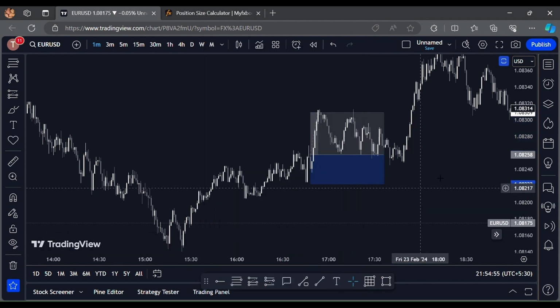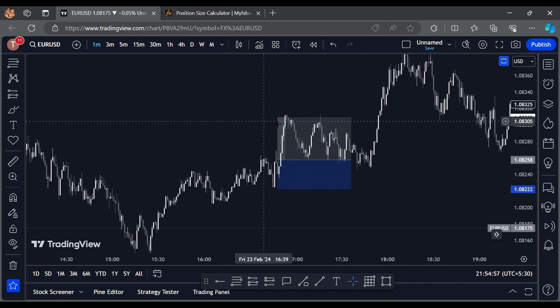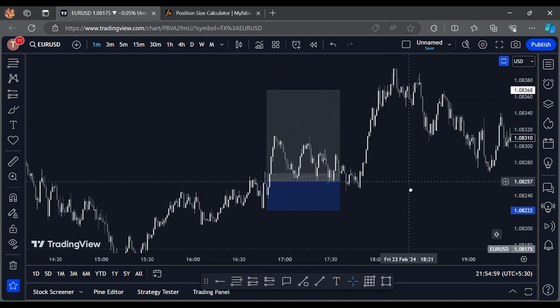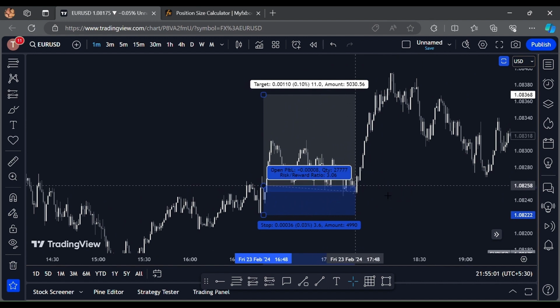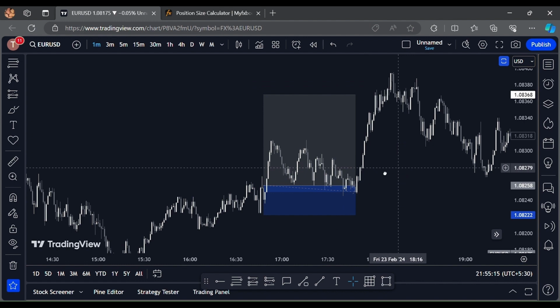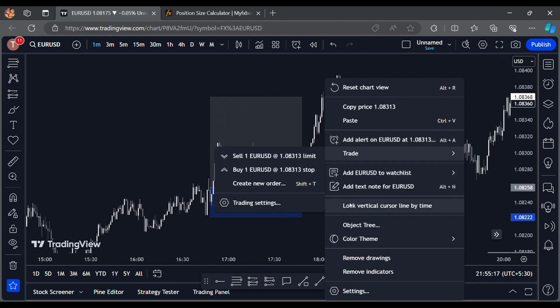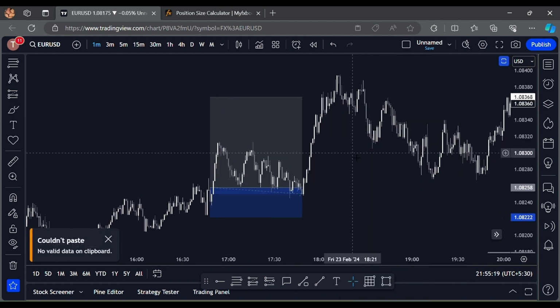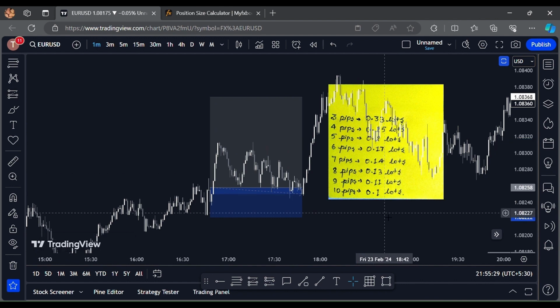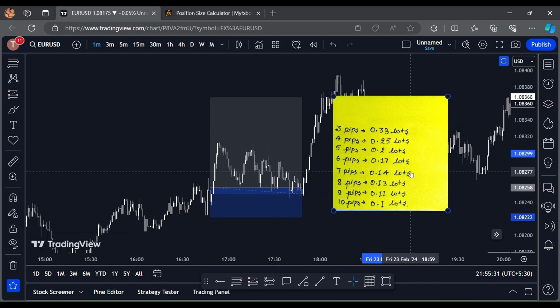So let's keep it like this, that we are using this for the stop loss calculation. But this could be confusing since we have multiple numbers right here and we don't know if it is 0.27 or 0.027.